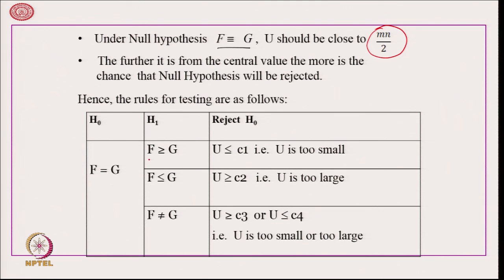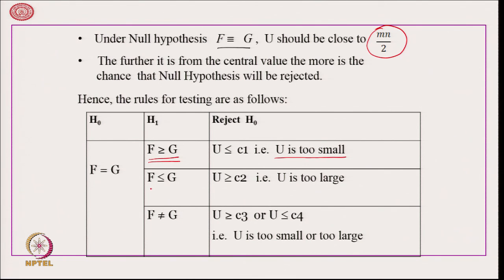For example, if the alternative is f is greater than or equal to g, then that means that y has more spread than x, that means that y is stochastically larger than x, then we shall reject the null hypothesis if u is too small.